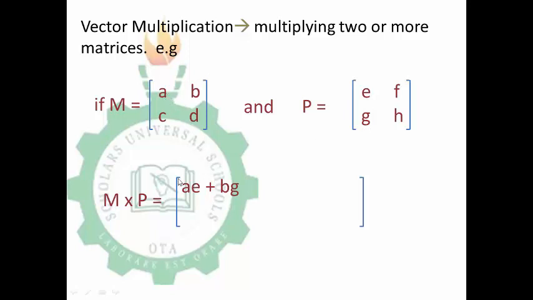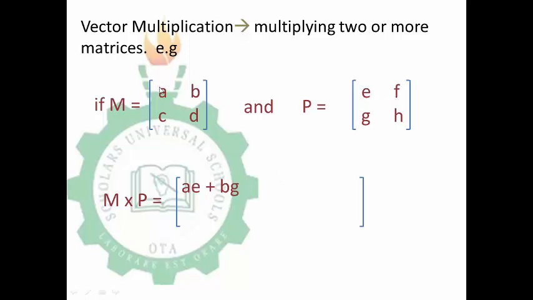So the first number you have here will be the addition of what you get when you multiply this row by this column. A multiplied by E will give you AE, B multiplied by G will give you BG. So A is multiplied by the first number on the column, and B is multiplied by the second number on the column, which is G. So what now happens here?